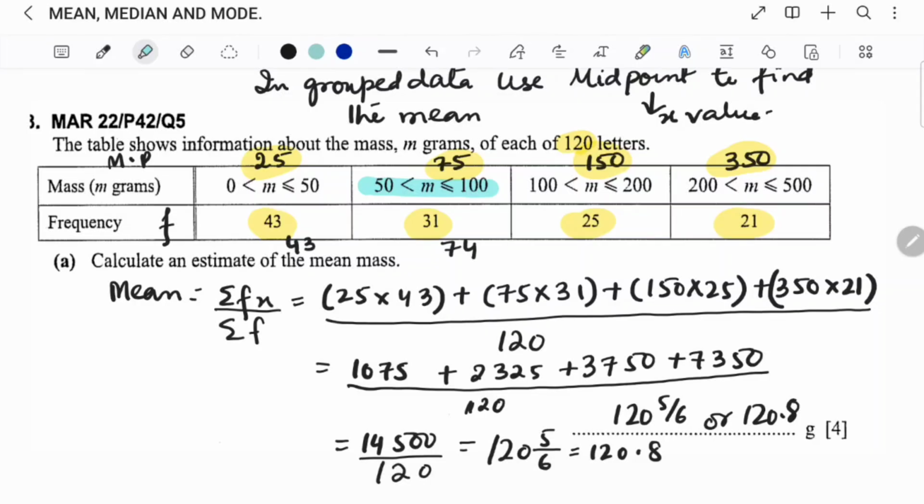Why? Because the numbers from 0 to 50 go up to 43. Then from 44 to 74, the 50 to 100 numbers are repeating there. So the 60.5th value will also come in this range, between 44 and 74.